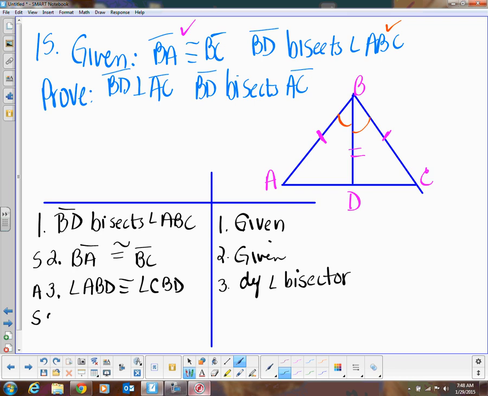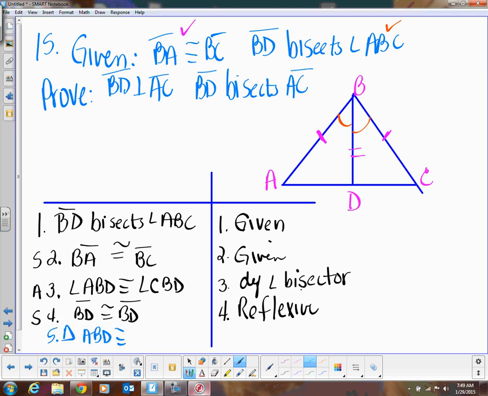Our second side is going to be BD is congruent to BD. Why? Reflexive. All of this together says that triangle ABD is congruent to triangle CBD. Why?